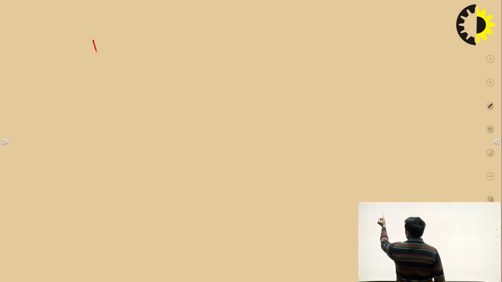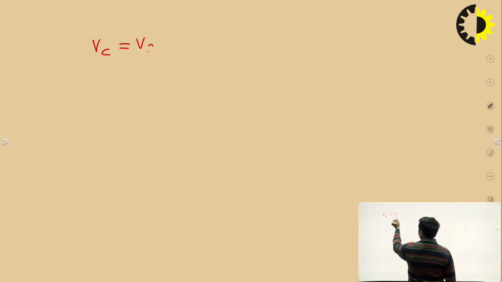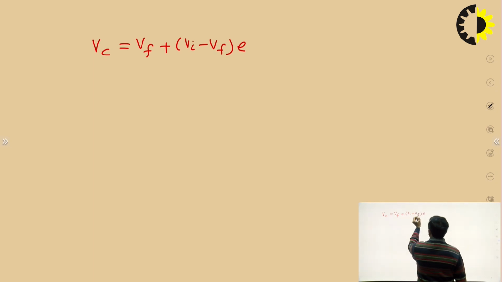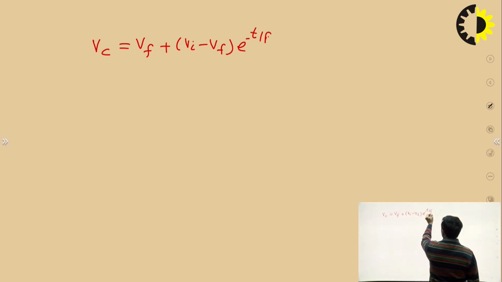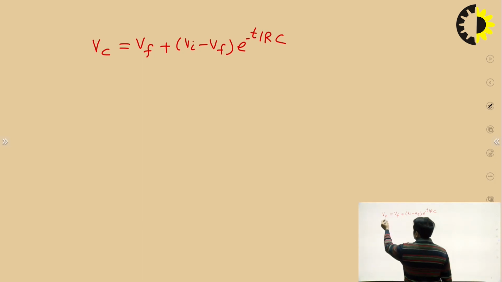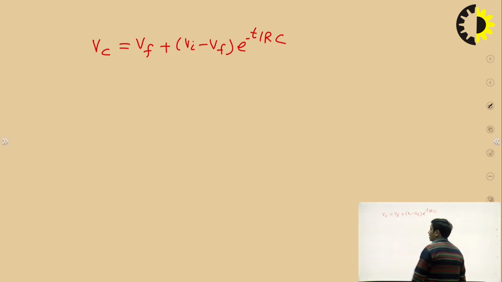Fine. So to calculate T1, we need to use the capacitor voltage equation that you had derived in network analysis, that is Vc is equal to Vf plus Vi minus Vf into e to the power minus t by RC. Now see, this Vc is the capacitor voltage, Vf is the final value, that is at t equal to infinity, and Vi is the initial value.